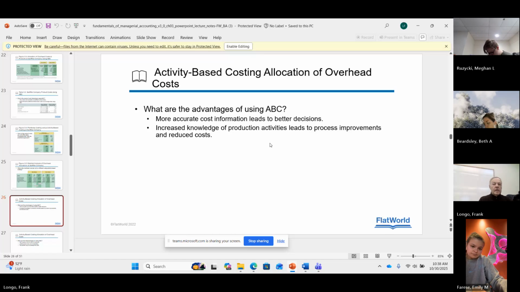Two, it makes us focus on the production process. So we better focus on production. And when we focus better, we can look for inefficiencies and try to eliminate them.